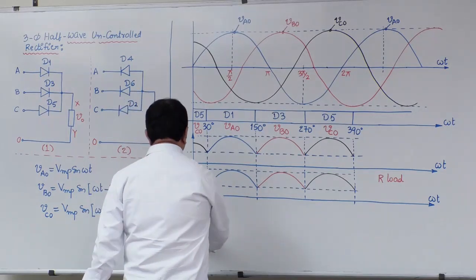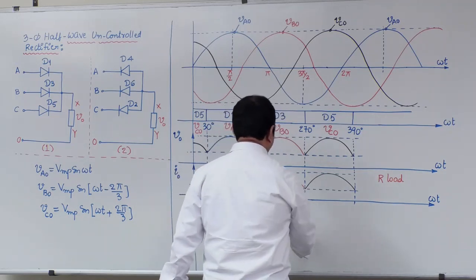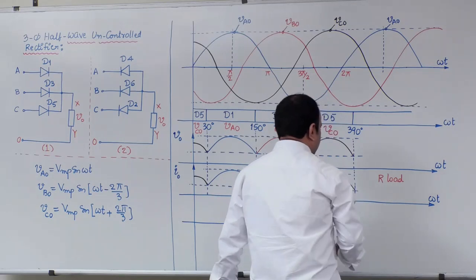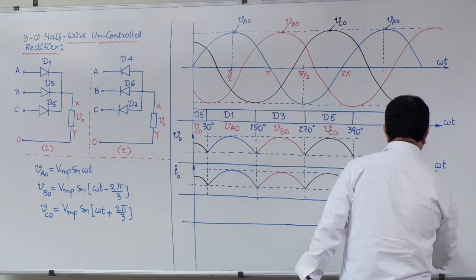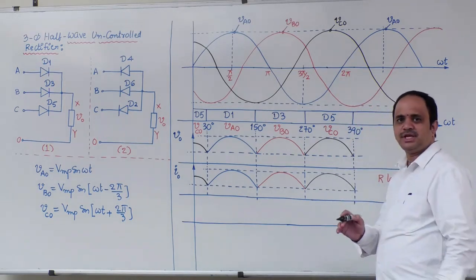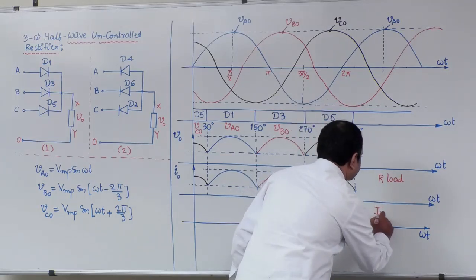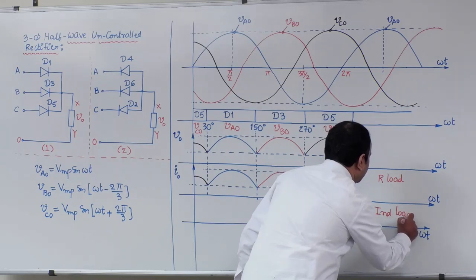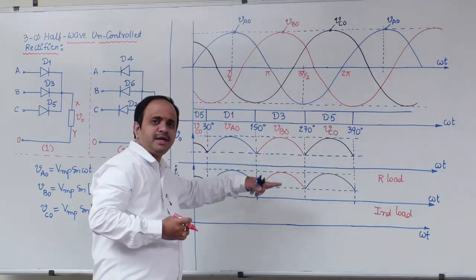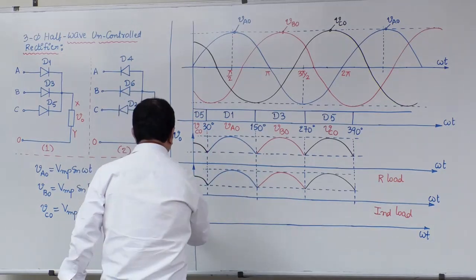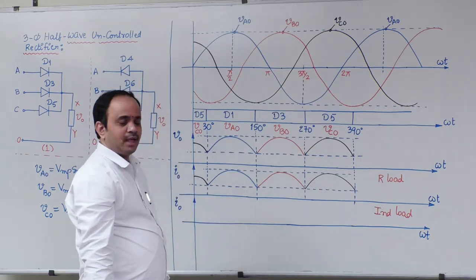Now, for example, if you draw output current for an inductive load, follow carefully here. Whenever we have inductive loads, especially in the three-phase circuits, as the pulses are coming immediately, there are very rare chances of discontinuity.